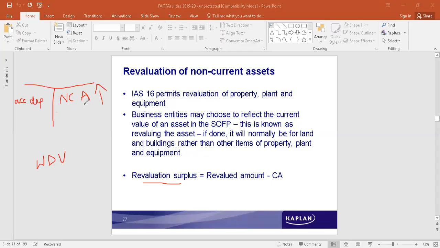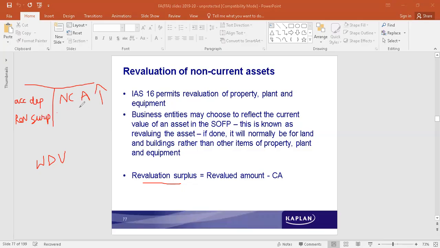If the asset side increases, that would be a mismatch between assets and liabilities. If the asset is increasing, that is a benefit to the business. That benefit will be accounted as the revaluation surplus. Any surplus, any profit, belongs to the owner, so it becomes a part of the equity or retained earnings.